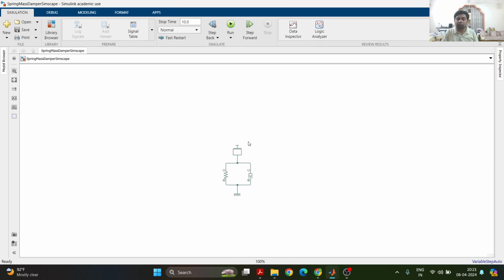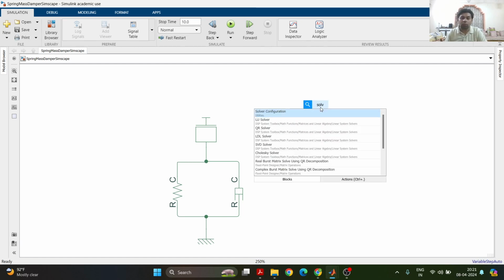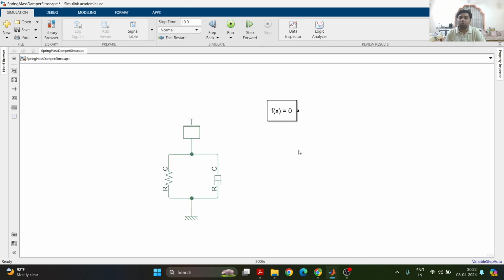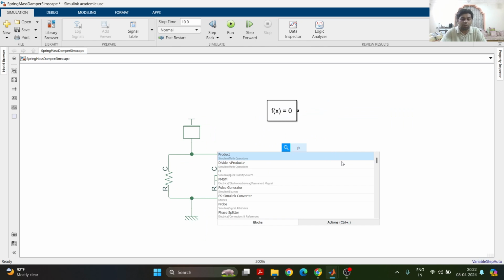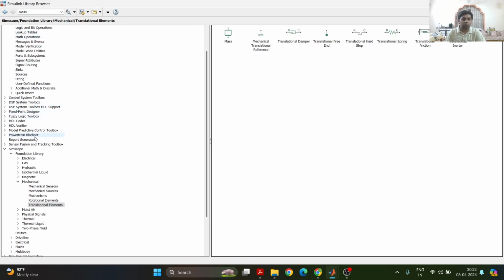Now to read the signal values from this, we need to do some more modeling effort. We need to select first a solver configuration block, and then a PMC, physical modeling connection port.